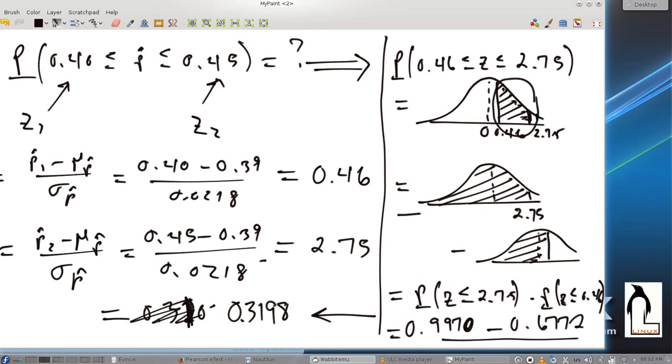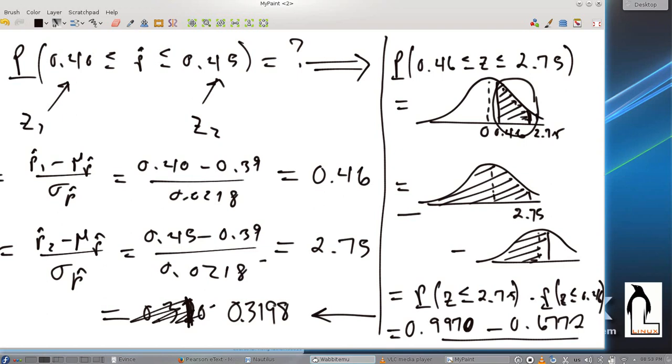So the interpretation of this could be that, for example, if we select 100 samples from this population with sample size equals 100, then we know that 32 of them, or about 30% of the 100 samples, will be between the people that believe, the proportion of the people who believe that marriage is obsolete, between 40% and 45%, is about 31.98% or 32%.